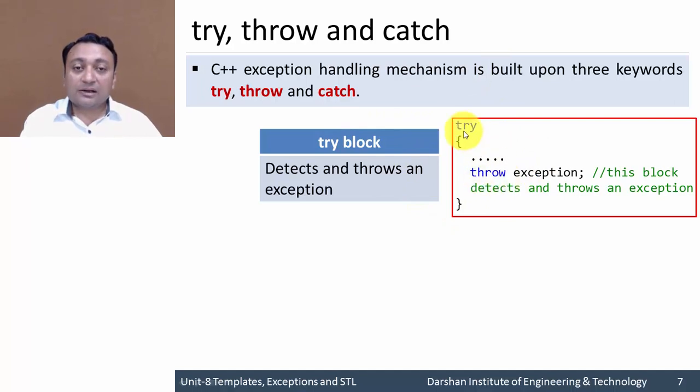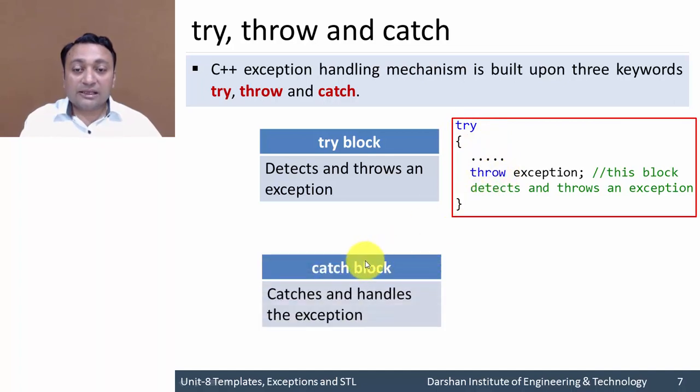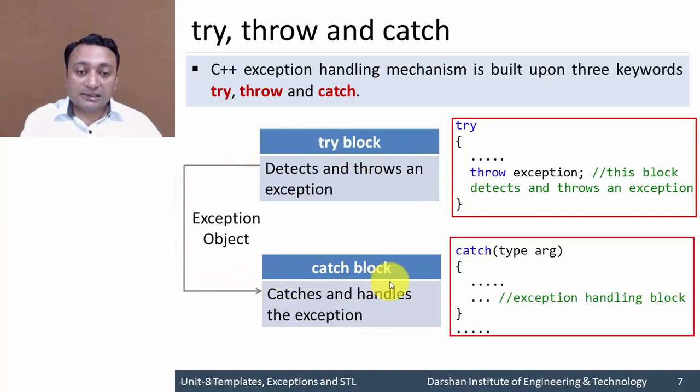So throw will be part of the try block, and that thrown error will be caught by the catch block. So the catch block catches or handles the exception. Here you are supposed to write code that will handle the exception.